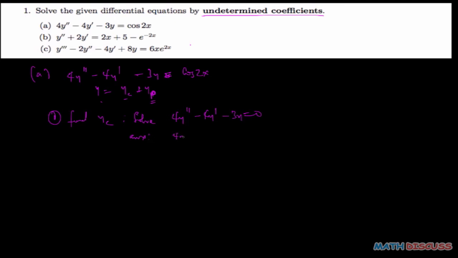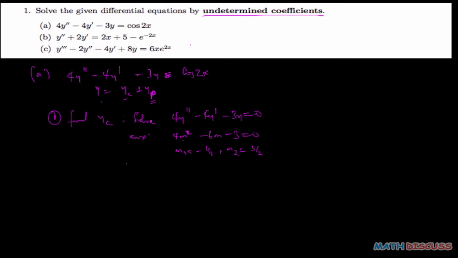The auxiliary equation is 4m squared, so in place of y you replace it with m, and then you have double prime, so that's m squared, minus 4m minus 3 equals 0. Now when you solve this, we have m1 equals minus half, and m2, the second root, equals 3 over 2.